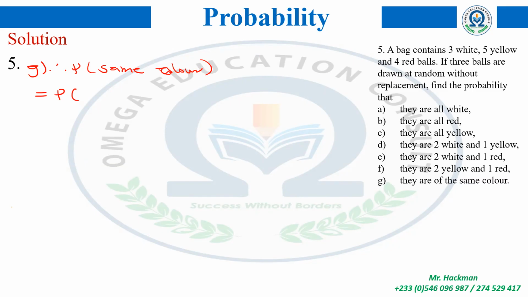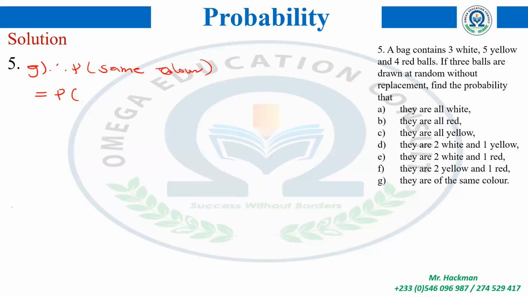If you are thinking of same color, what comes to mind? If the balls must be of the same color, is there only one possibility or more than one possibility? More than one. So it means you can have P all white, P all yellow, and P all red.